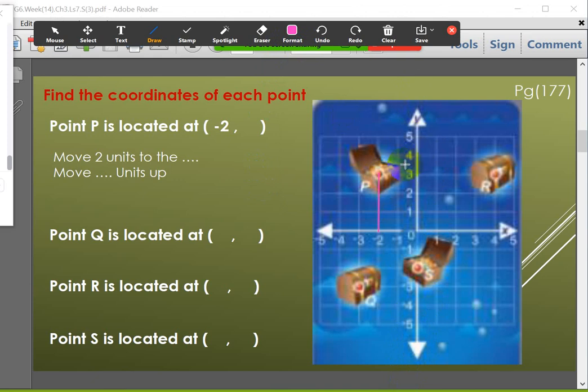To know the y-coordinate, I have to take a line from the point to the y-axis. It will cross the y-axis on a number. What is this number? This number is 3. That means the y-coordinate for this point is 3. Of course, it's positive because it's up.